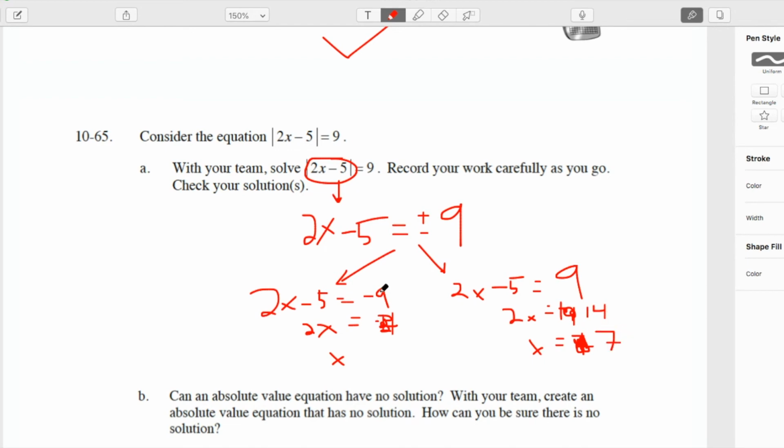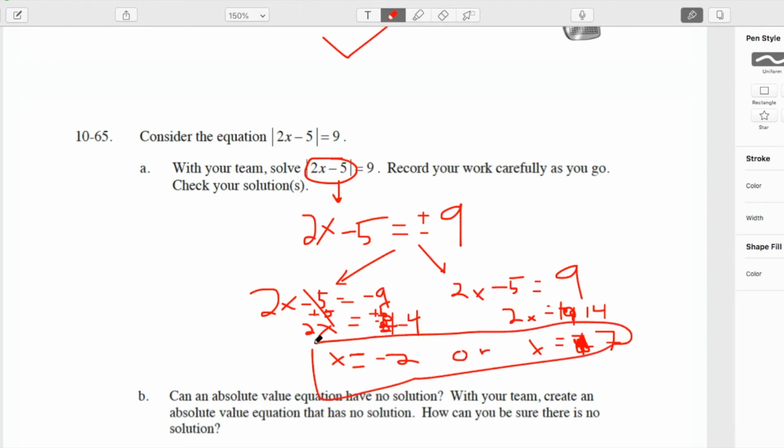This one I was doing incorrectly, because I need to add 5 here. I should have had negative 4 here. Negative 9 plus 5, right? That's how we get rid of that 5, because we add 5, the opposite of subtraction. So that goes away. Negative 9 plus 5 is negative 4. So we get 2x equal to negative 4, and then divide by 2 and we get negative 2. So I got negative 2 or 7 as my solutions for x, part A.